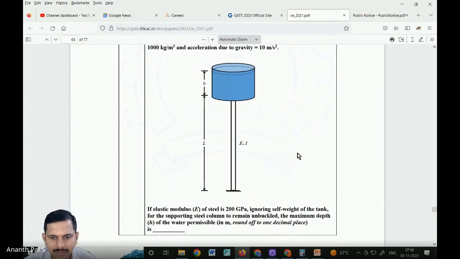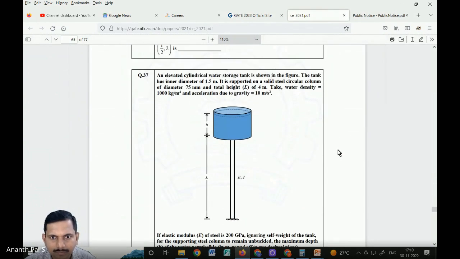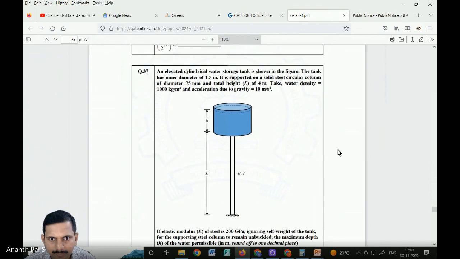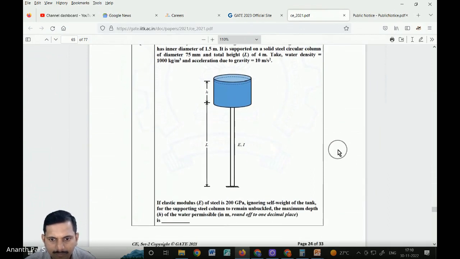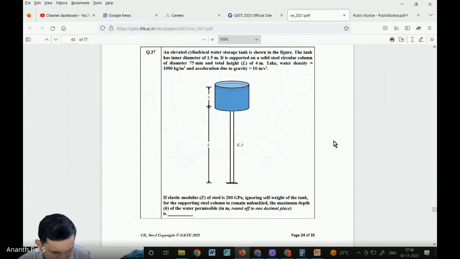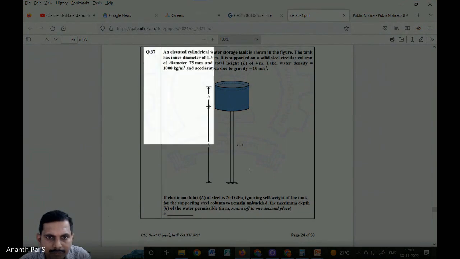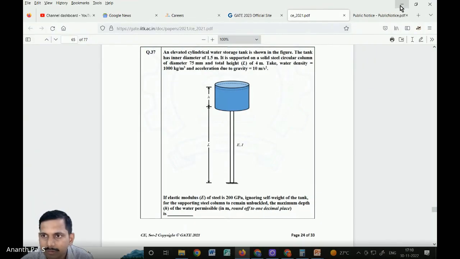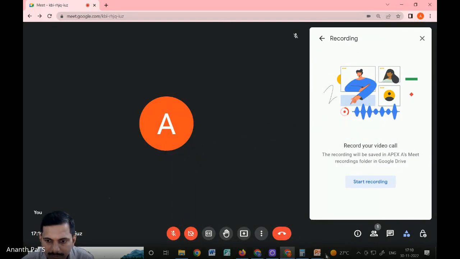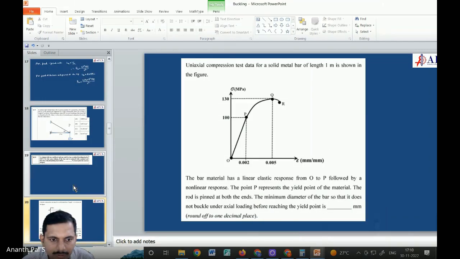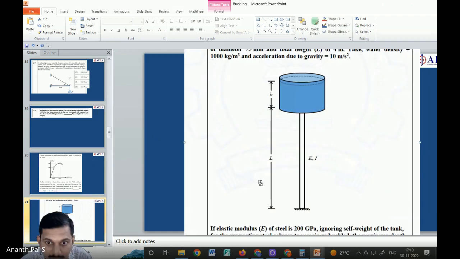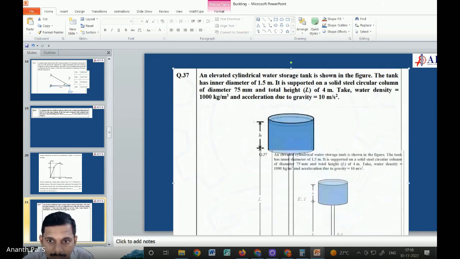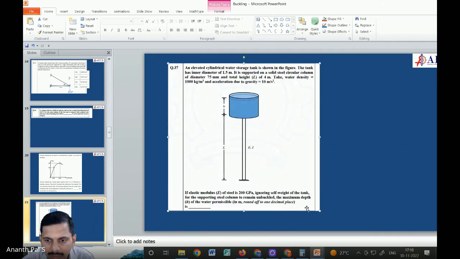Yeah, this question. This is very relevant. And they have given a really big tank. Civil 2021 set 2.